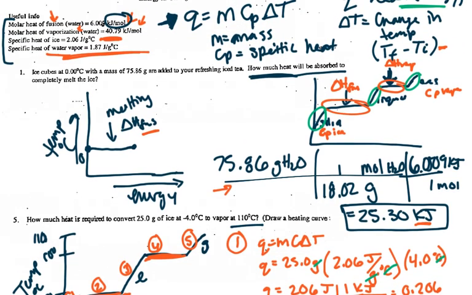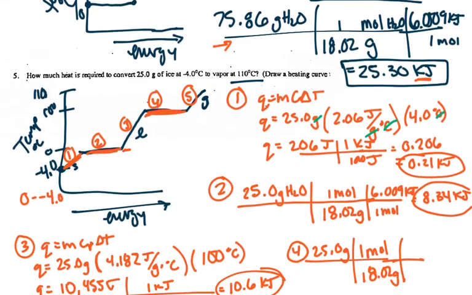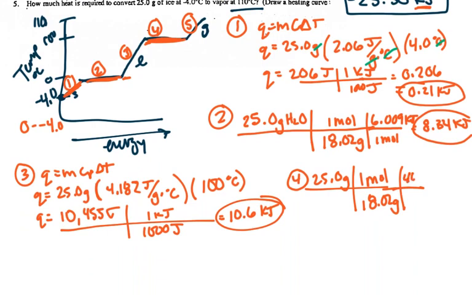So vaporization is this number here, so 40.79 kilojoules to 1 mole. So when I put that in the calculator, I get 56 point, how many sig figs do I need? 3. So 56.6 kilojoules.